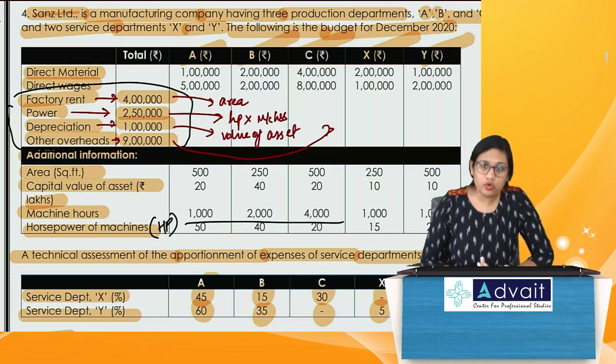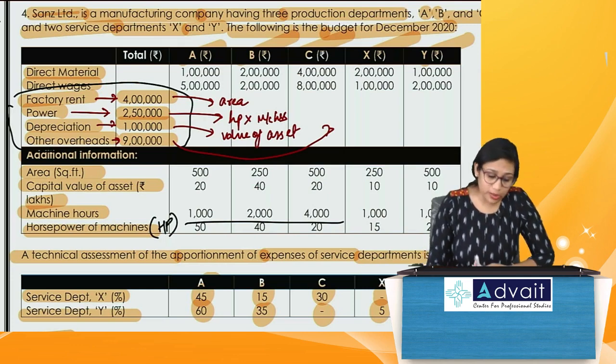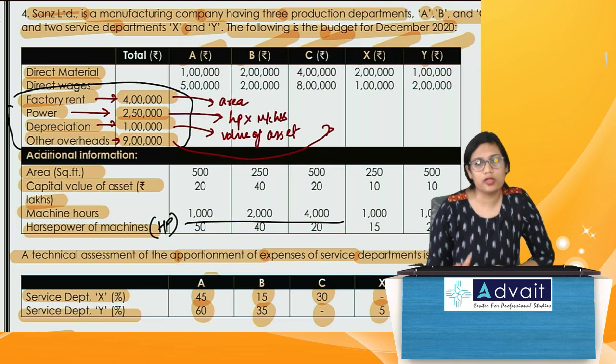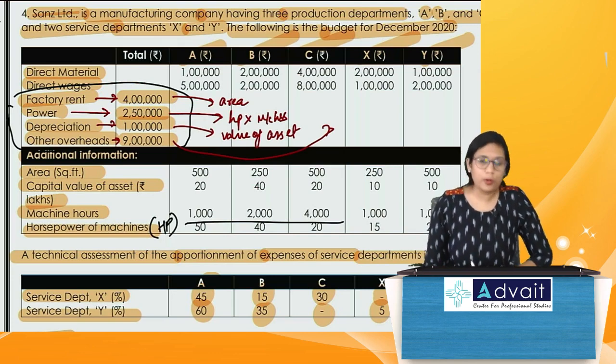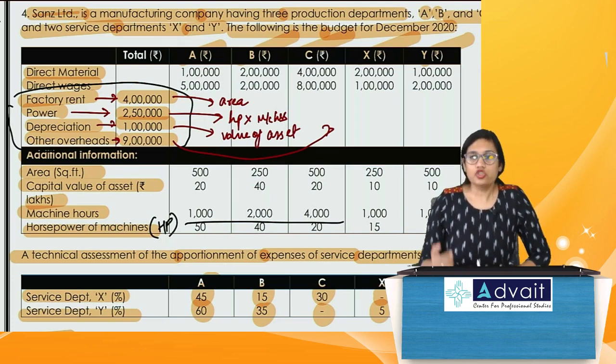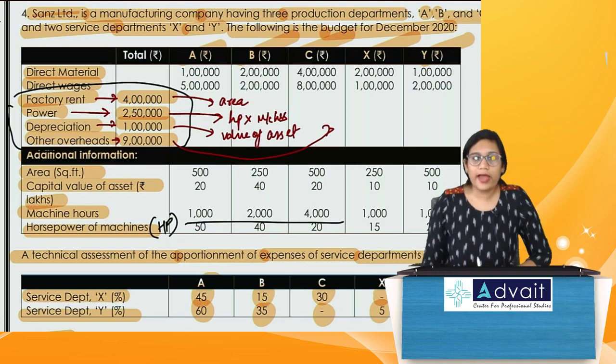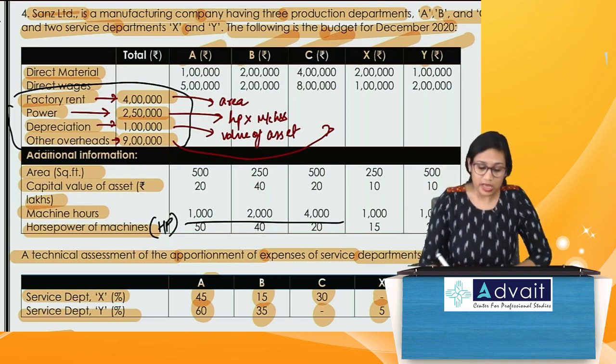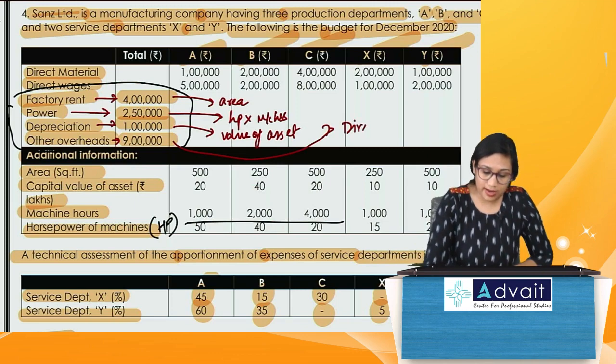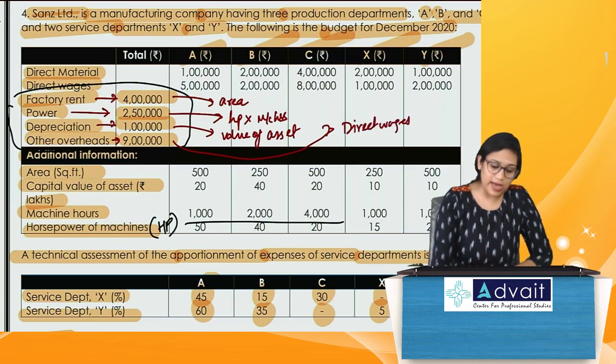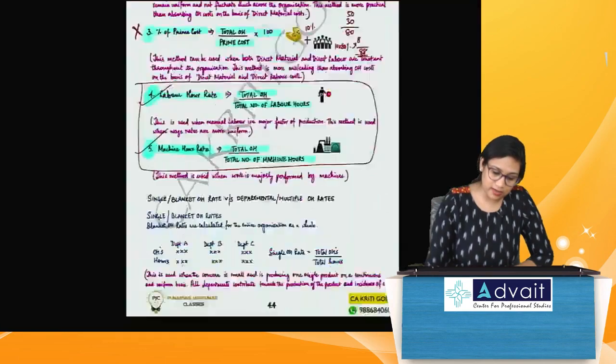Usually, if they have specifically told you in the problem to use a particular basis only for other overheads, then we have to use that. But in this problem, that has not been given. So when we have to divide other overheads or miscellaneous overheads or sundries, we use direct wages only. Where is that given?